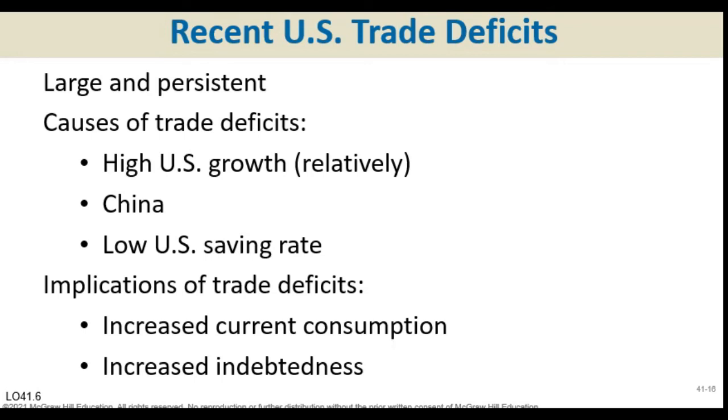Another factor to point out here is the U.S. dependency on imported oil, as it created a deficit with the OPEC nations. The last piece is the U.S. low saving rate, right? So you remember from the balance of payments that a key component is the financial account, which reflects the saving of a nation.